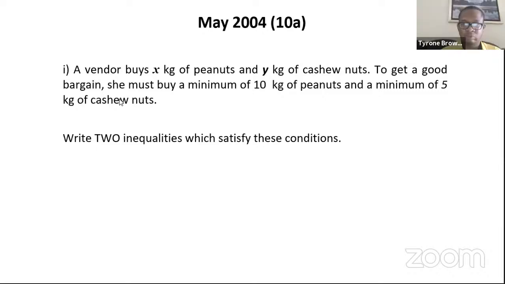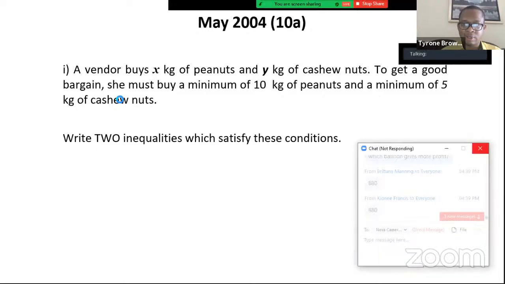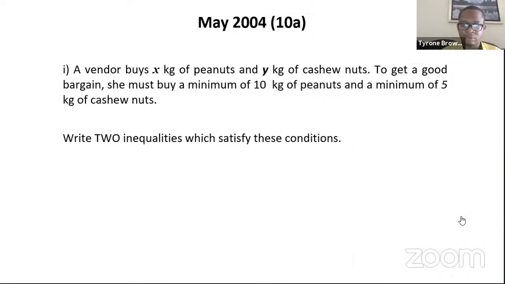All right. Some responses are coming in on the chat. So let's see what persons are saying. Okay, X greater than or equal to 10.